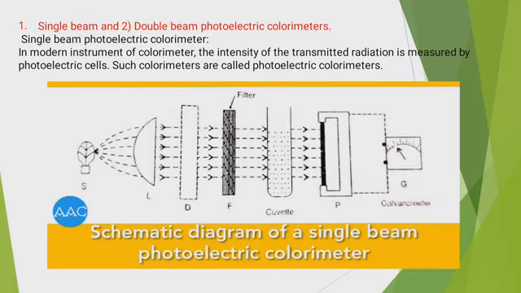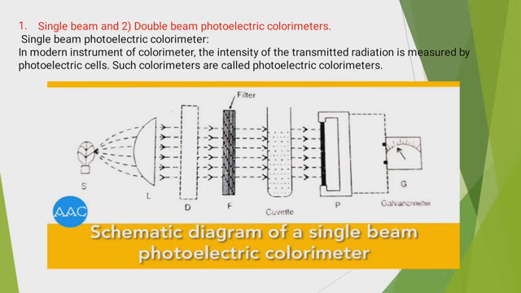The difference is that in the single beam photoelectric colorimeter only one beam is passed to the sample solution and the optical density is measured. In the diagram, the lamp is a tungsten lamp used in the single beam.